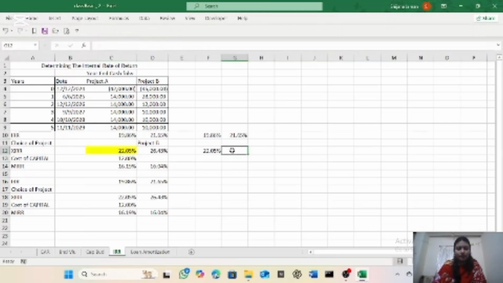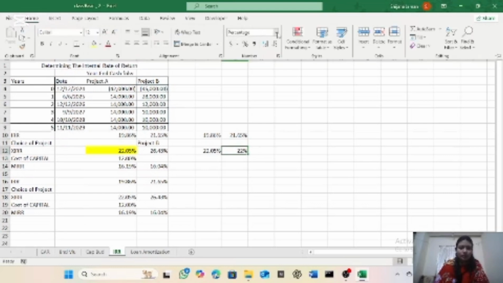In project B, XIRR values would be entire values of project B, comma, dates, bracket close, enter, convert it into percentage. 21.